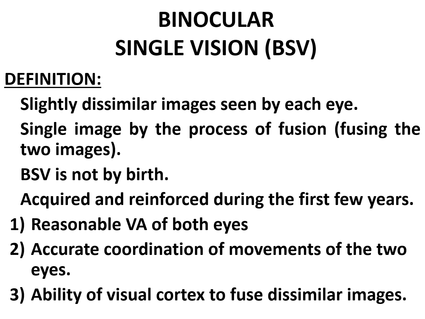It is acquired and reinforced during the first few years. What are the requirements of binocular single vision? A reasonable visual acuity of both eyes, accurate coordination of movements of the two eyes, and the ability of the visual cortex to fuse slightly dissimilar images.